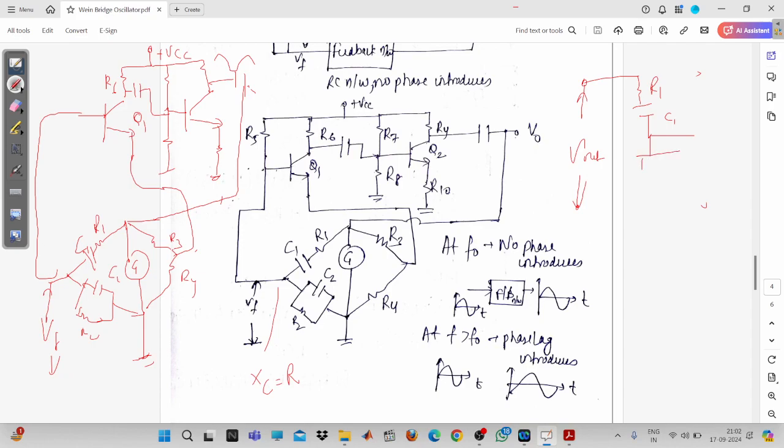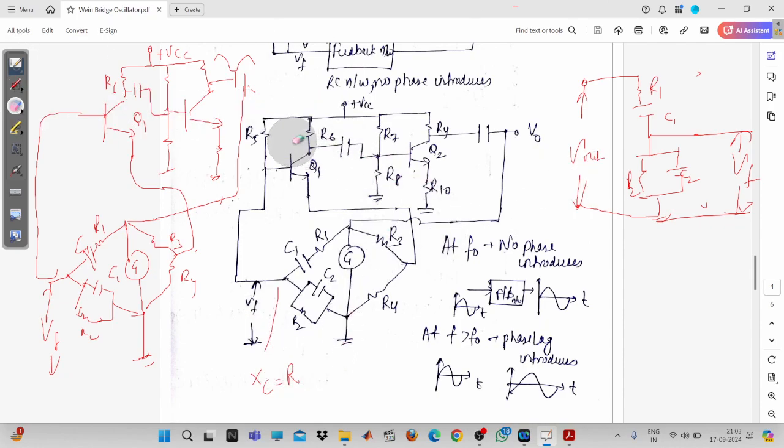Then this is R2, and this one is C2. So we connect here, and this one is the feedback signal. I think the answer is clear to you now, because the voltage across the parallel combination of R2 and C2 will be given as feedback to the input signal. Fine, input is not there. So I think this much is clear to you now.